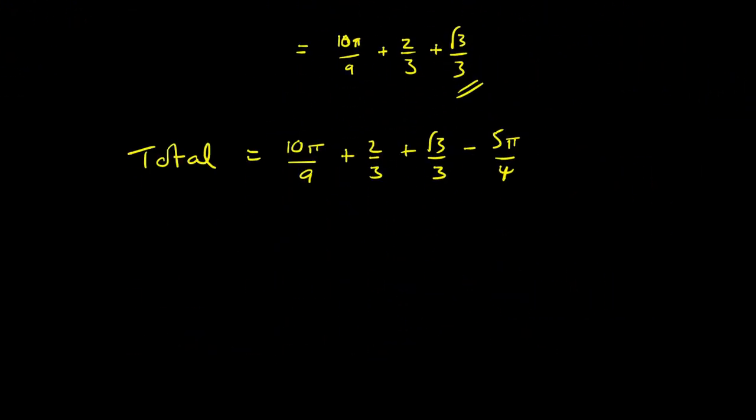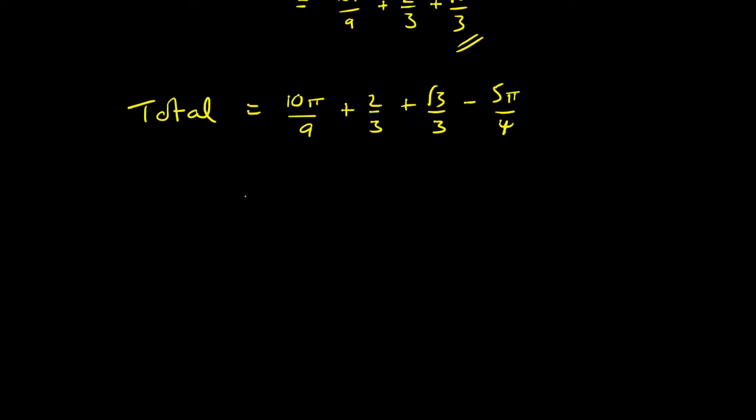Yeah. Okay, so then I just got to simplify the fraction. So what's the lowest common denominator of the 9 and the 4? I think it's going to be 36, isn't it? Right. So I'm going to times this one by 4. So 40 pi upon 36 plus 2/3 plus root 3 upon 3 minus 45 pi upon 36.